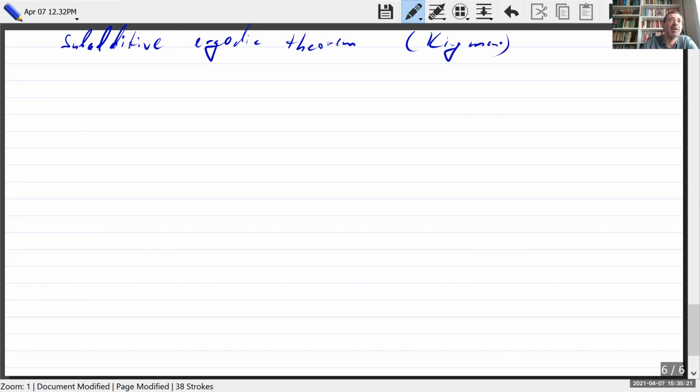And actually, I think random walks on groups are really the most natural first application of the subadditive ergodic theorem.